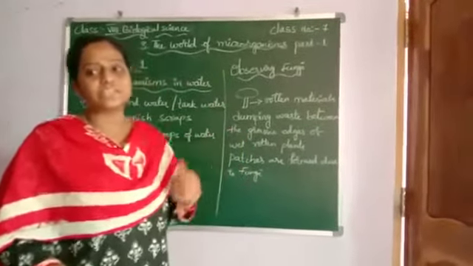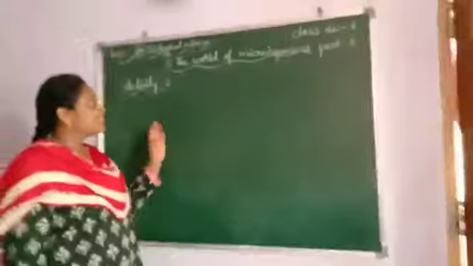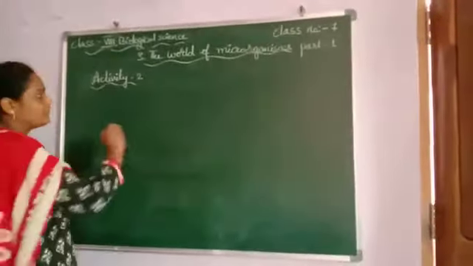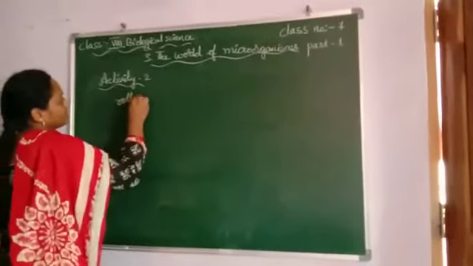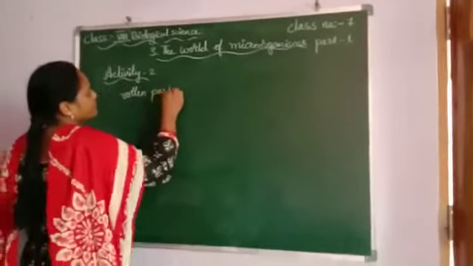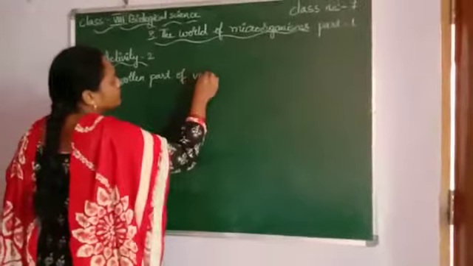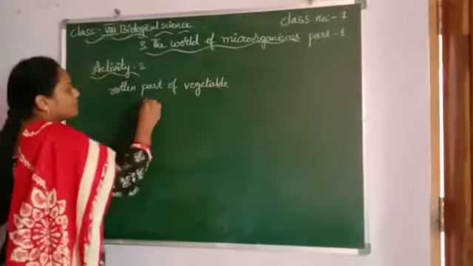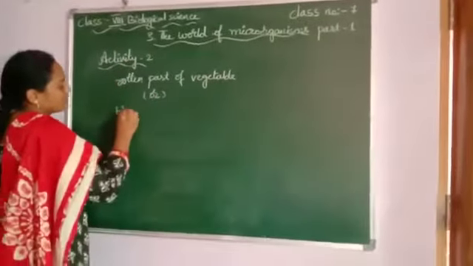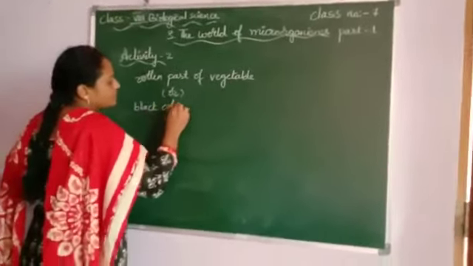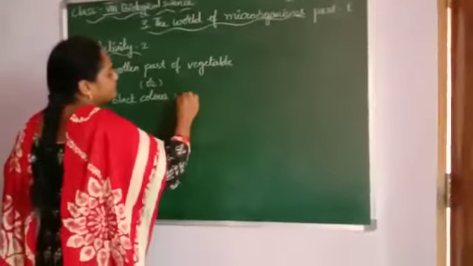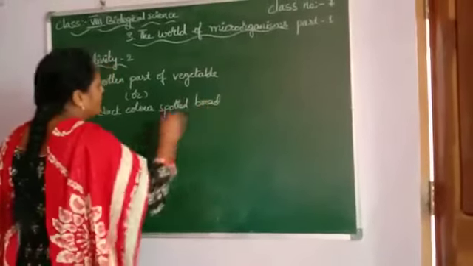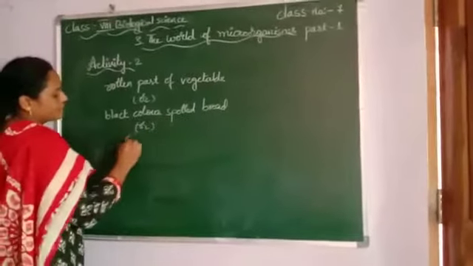Next is activity 2. In activity 2, we have to take some rotten part of a vegetable, or black spotted bread, or coconut.